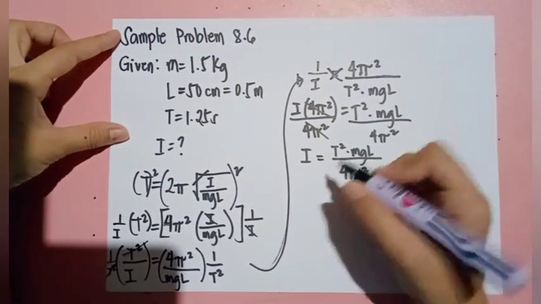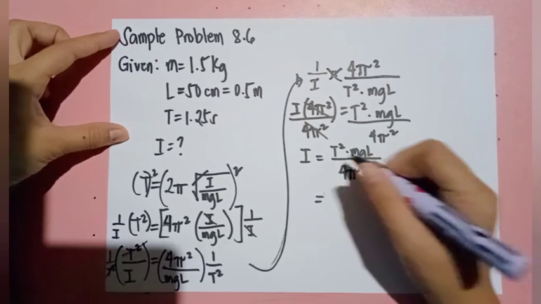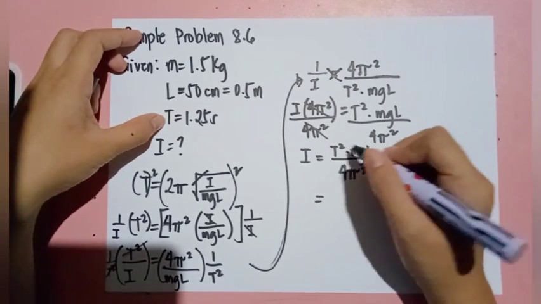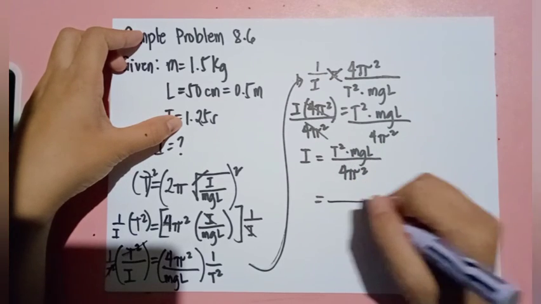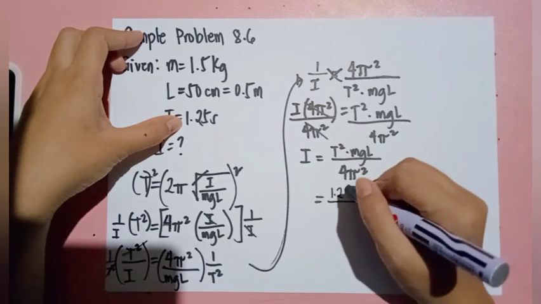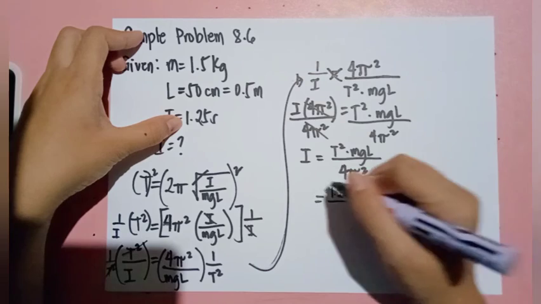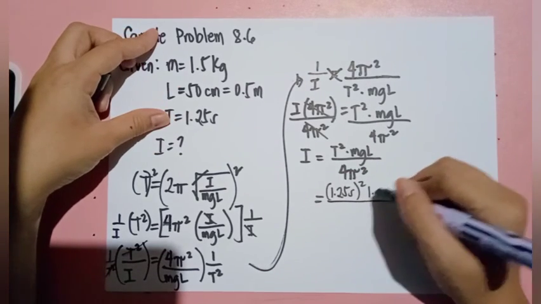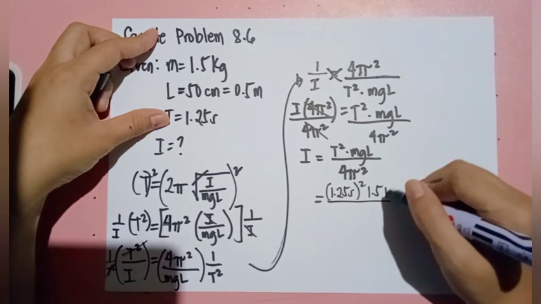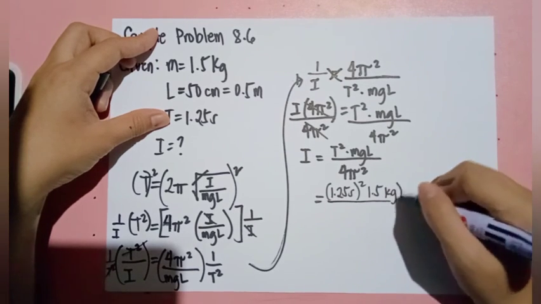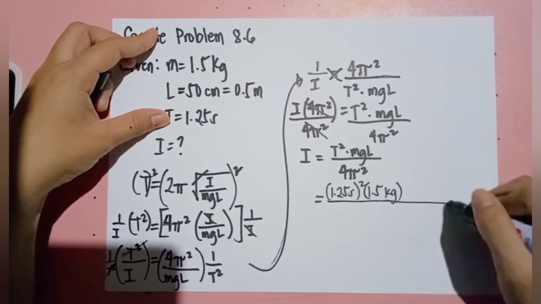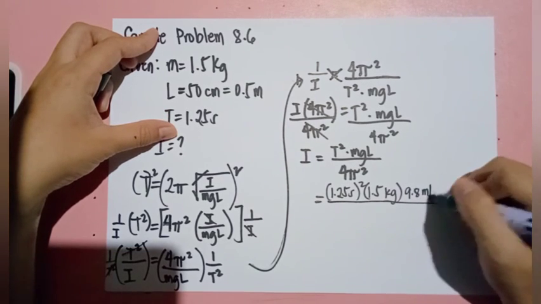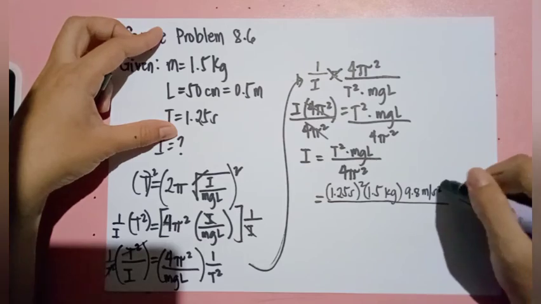So we are looking for I. T is 1.25 seconds. Mass is 1.5 kilogram. G is acceleration due to gravity, 9.8 meters per second squared.